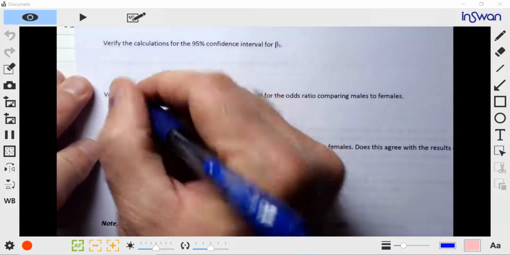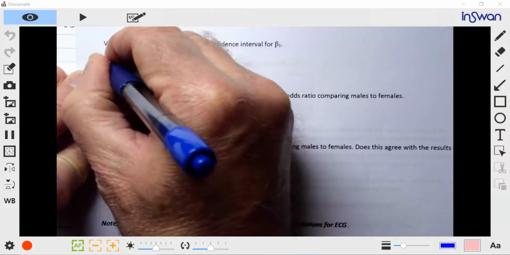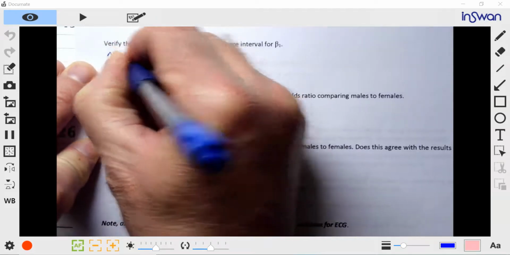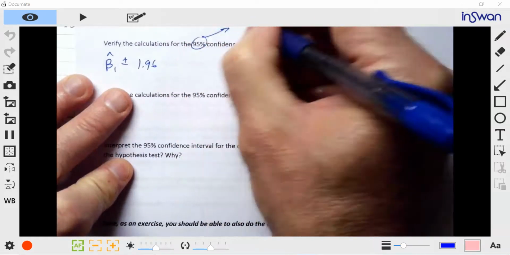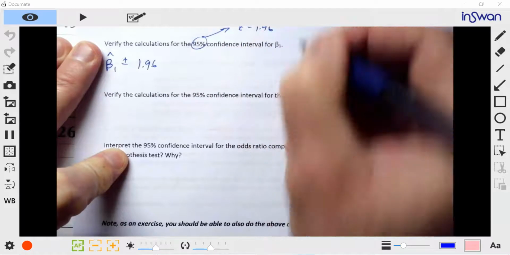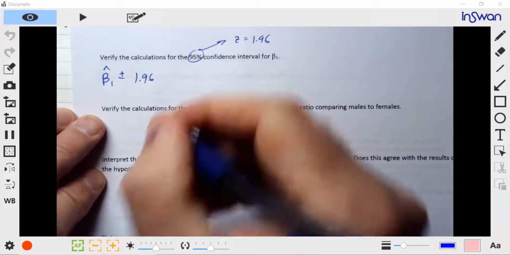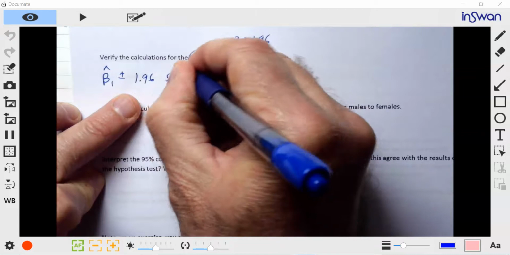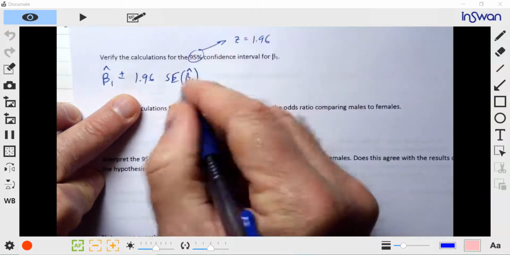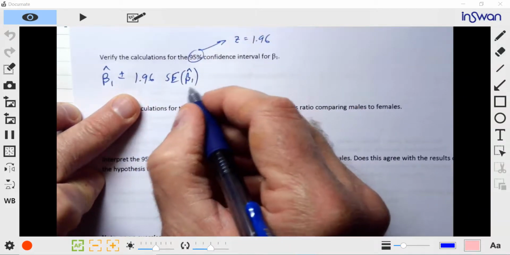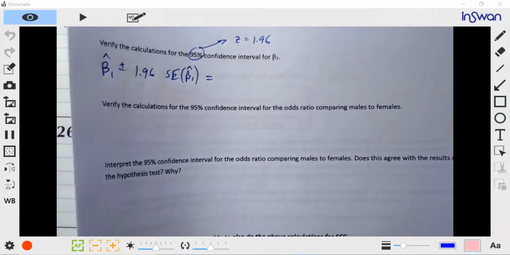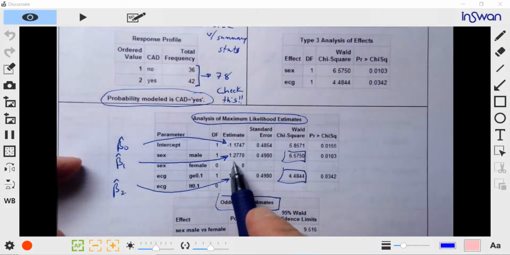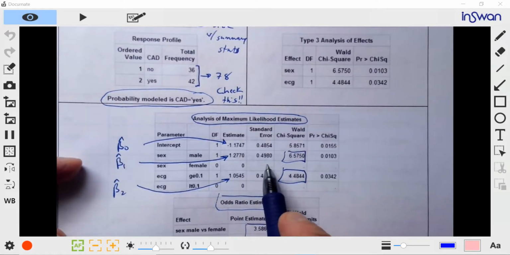So my confidence interval will be beta 1 hat plus or minus 1.96 times the standard error of beta 1 hat. And again, this is not a multiplication, this is a functional notation. So we can look back at our table here. Beta 1 hat is 1.277, standard error 0.4980.